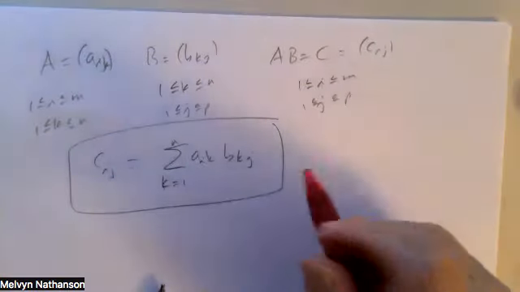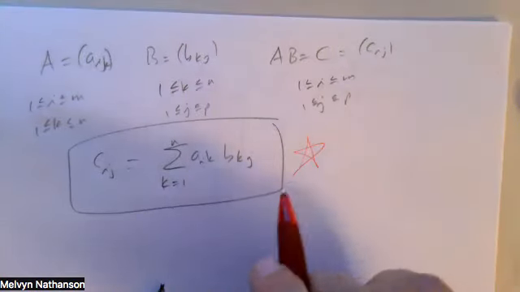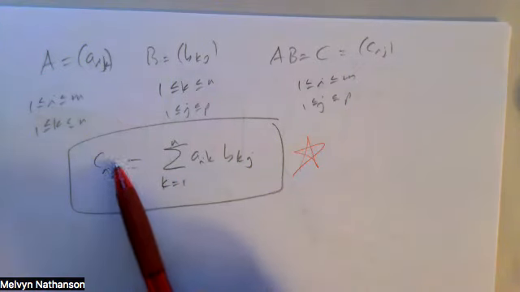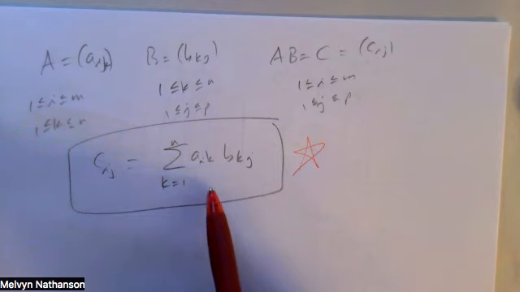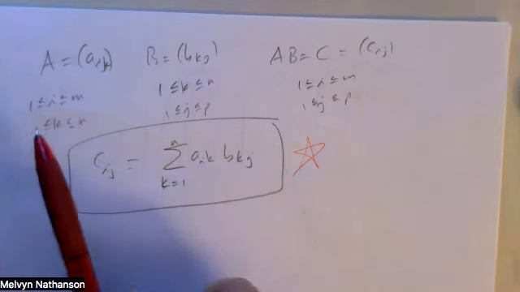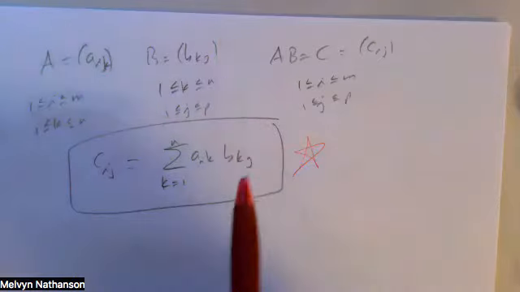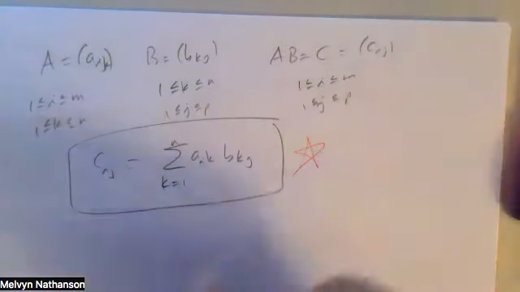So this is the magic formula for matrix multiplication. If you have an m by n matrix and an n by p matrix, you can multiply them. What is essential is that the number of columns of A equals the number of rows of B, and this is the formula.